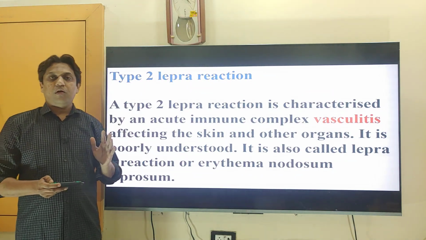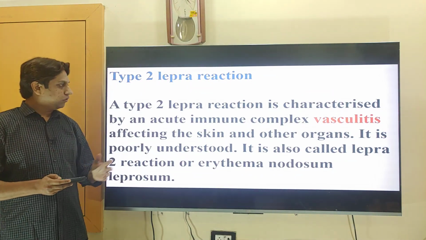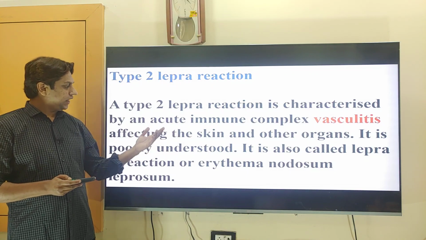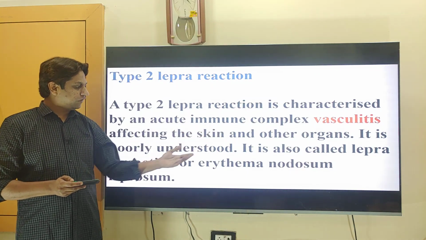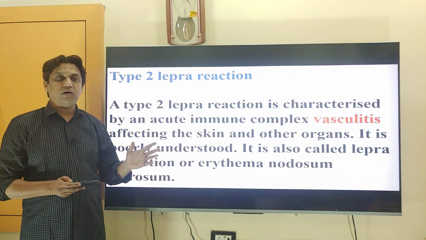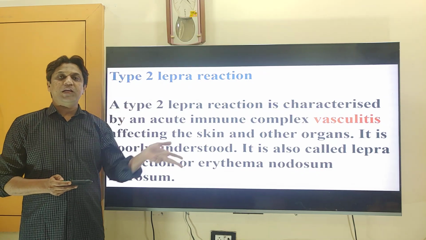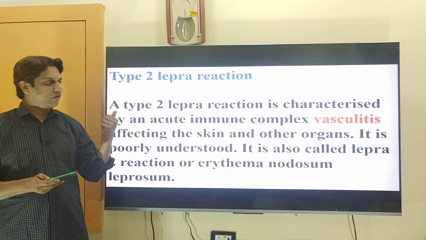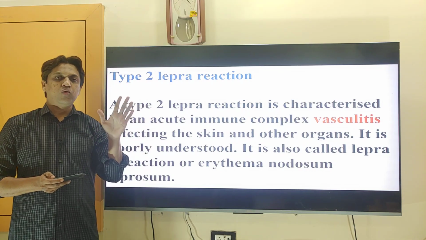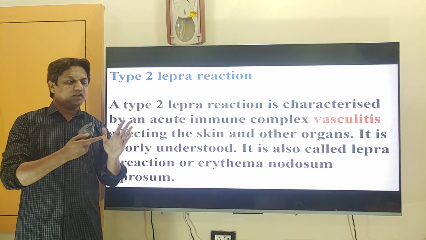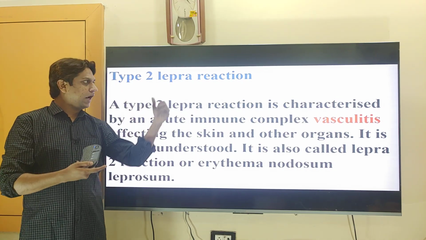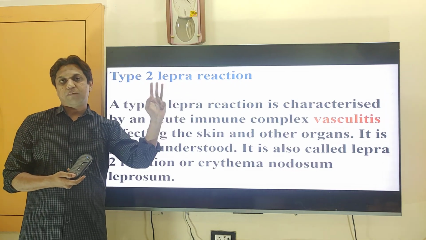Then what is type 2 lepra reaction? This type 2 lepra reaction is characterized by an acute immune complex vasculitis affecting the skin and other organs. Remember, it is the type 3 hypersensitivity reaction. If you remember, I have just now said that rule of 5. Type 1 is the type 4 hypersensitivity reaction, and type 2 is the type 3 hypersensitivity reaction.